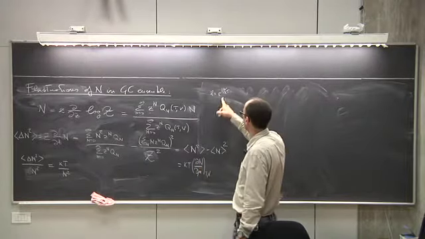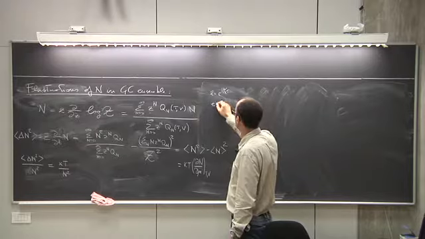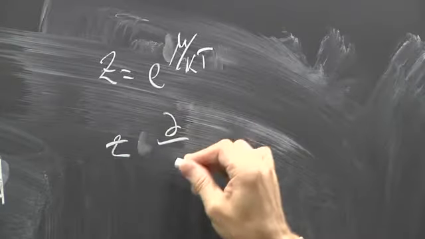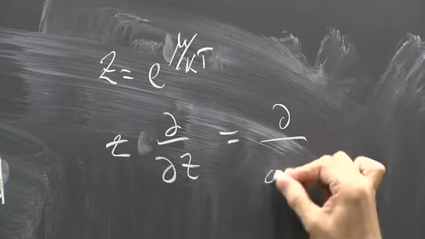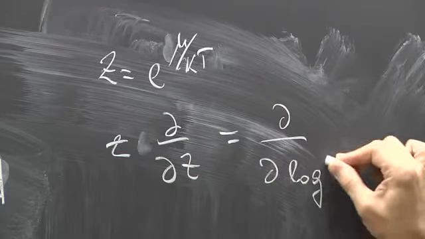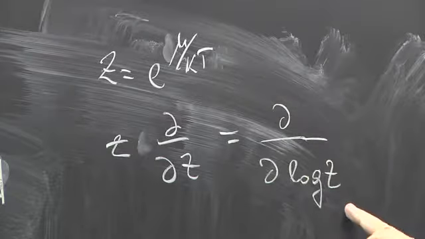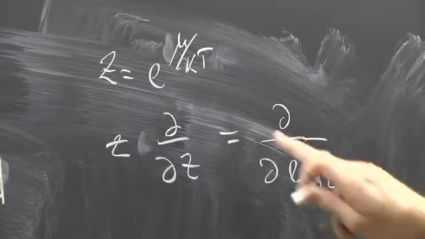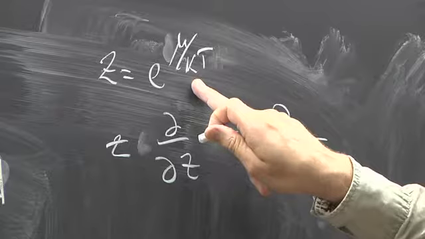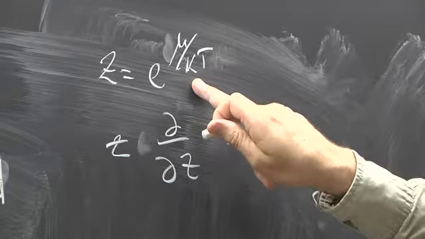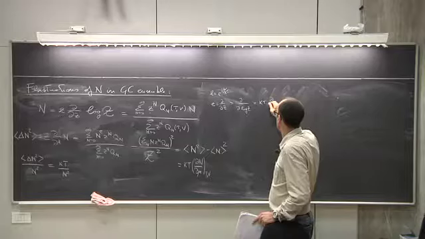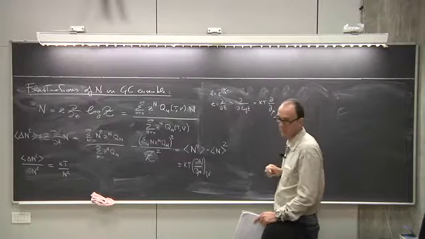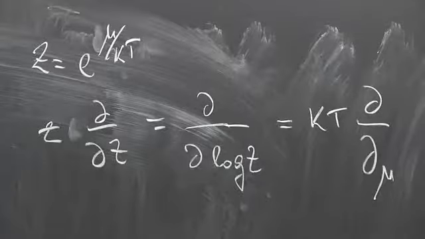Okay, so this implies that z derivative with respect to z is essentially the derivative with respect to log of z. And since this derivative is taken at constant kT, constant T, then this is just kT times the derivative with respect to mu. Okay?